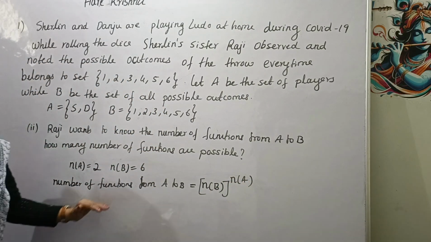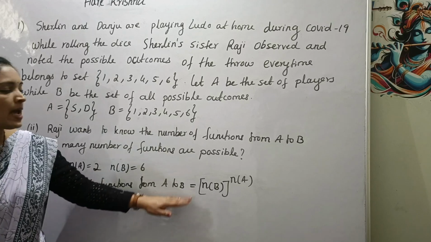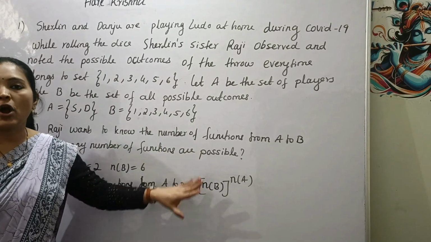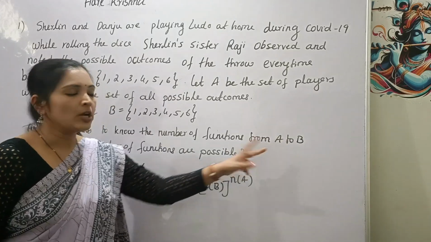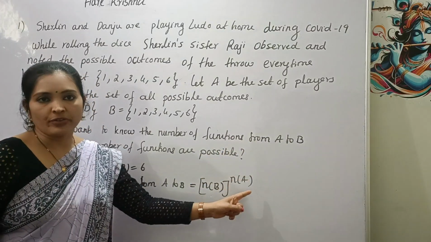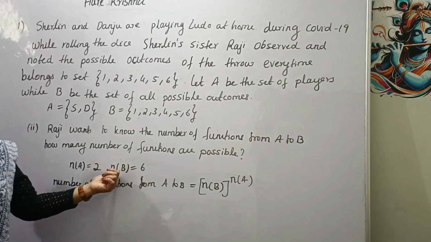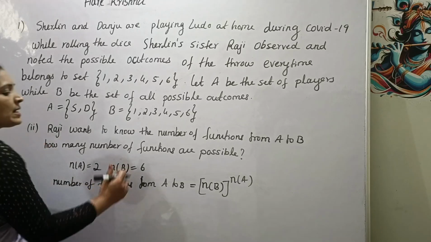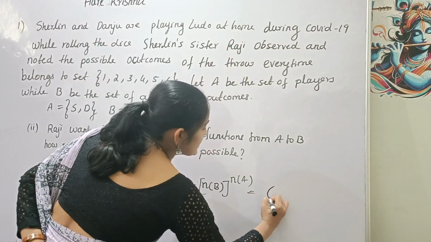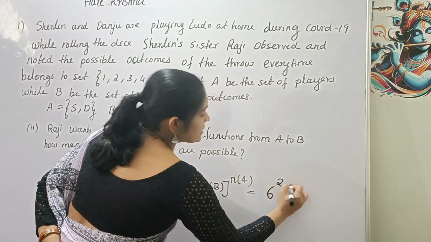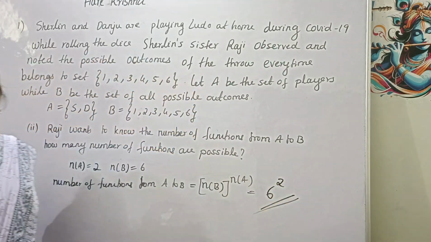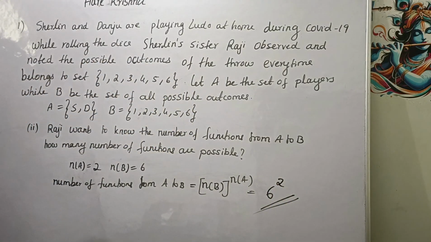Here, what is the number of elements of B? That is n(B) = 6. So, 6 raised to the number of elements of A, which is 2, gives 6 squared. Therefore, the number of functions from A to B is 6 squared.